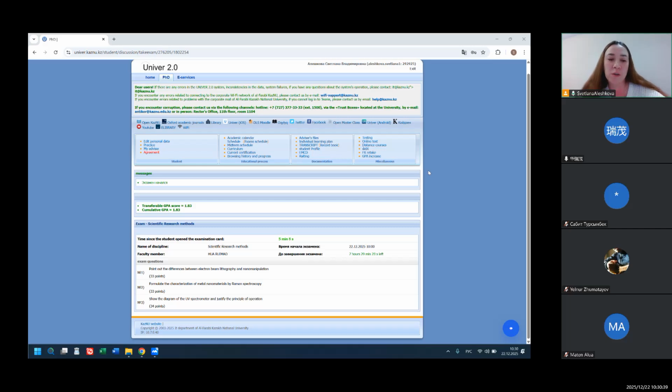The first one is about working with very sensitive and small volume samples, specifically used in nanomaterials and nanotechnology science.